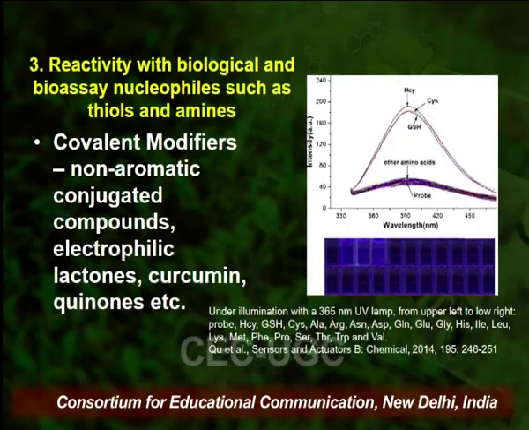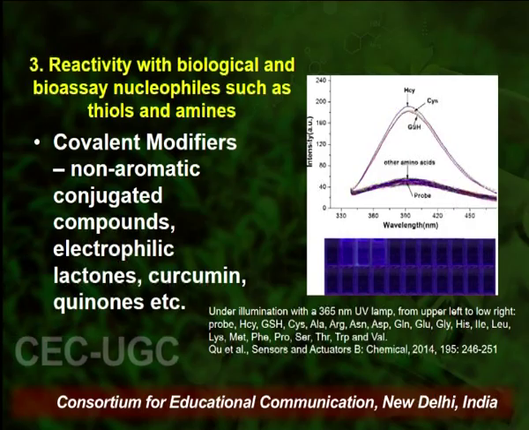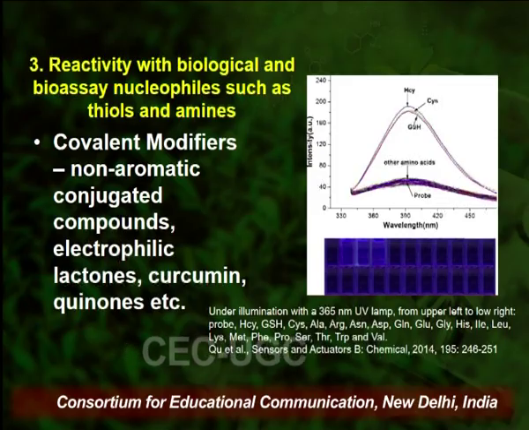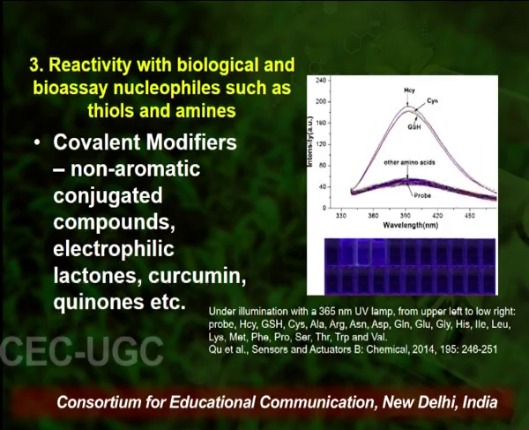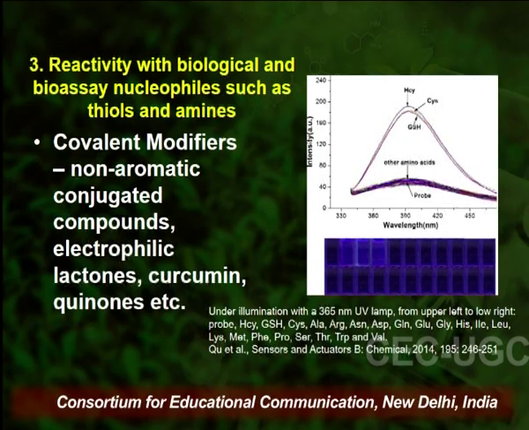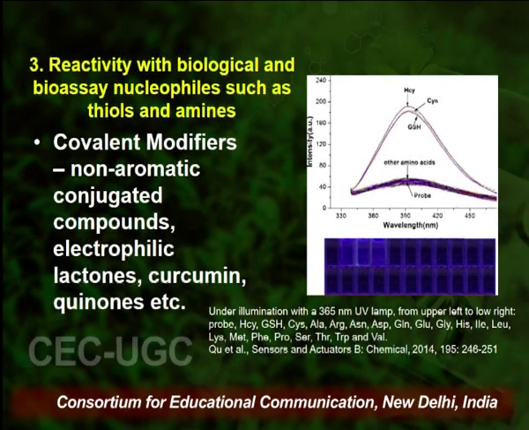So, I have taken an example wherein a study was done in which various amino acids, as you can see in the diagram, were used to study the effect of a probe molecule on the amino acids. Cysteine, homocysteine and glutathione are some of the amino acids which have a thiol group in their structure.